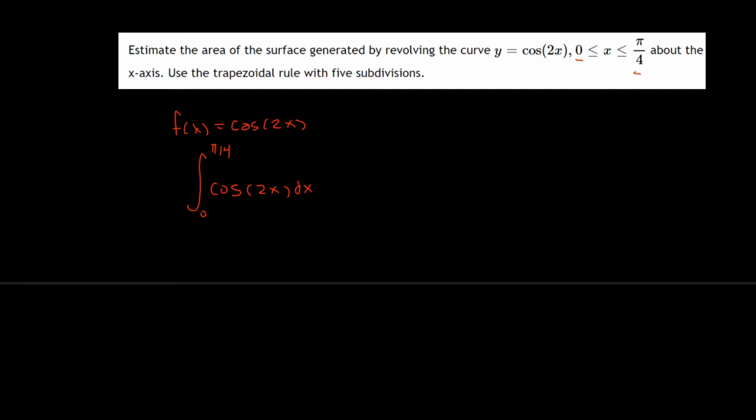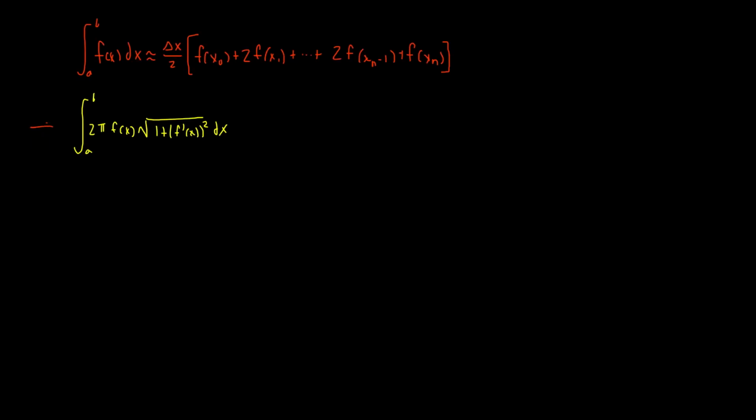So the way that we're going to do this is by using this equation right here. This equation describes the surface of revolved solids, and it reads as follows. The integral from a to b for the surface of a revolved solid is 2 pi times the function times the square root of 1 plus the function's derivative squared.